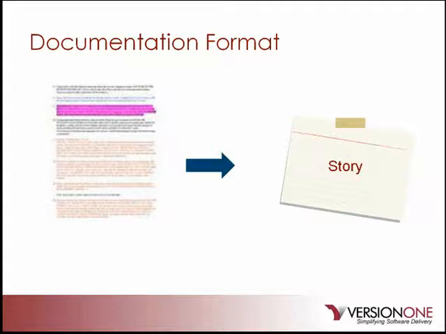The cards make it easier for teams to visually understand what all is involved in creating a system and allow them to prioritize and plan, and ultimately to track progress during an iteration. So as teams advance in maturity, they'll move on to tools such as version 1 to help manage their stories, releases, and iterations.